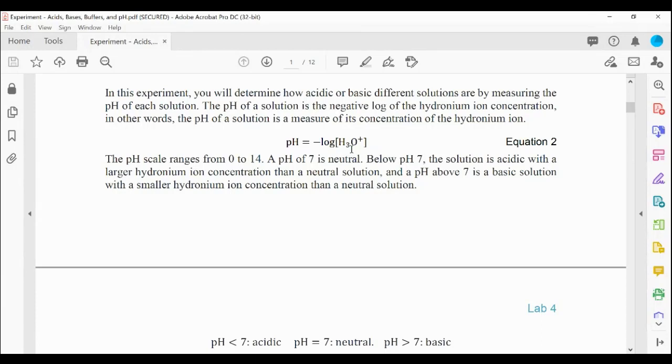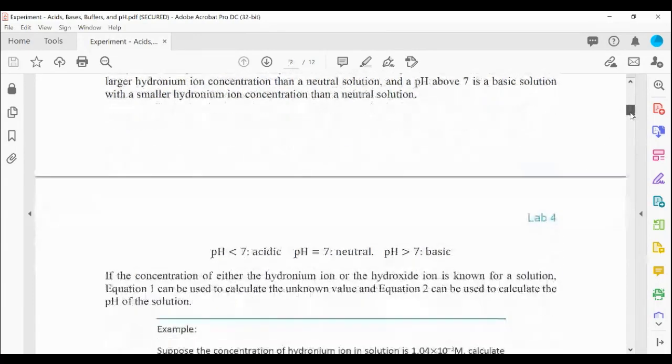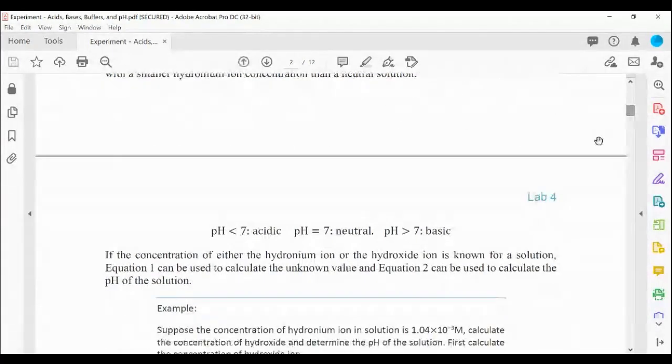So 7 means it's a neutral solution. Now, when the concentration of hydronium is higher than the concentration of hydroxide, we are in the presence of an acidic solution.